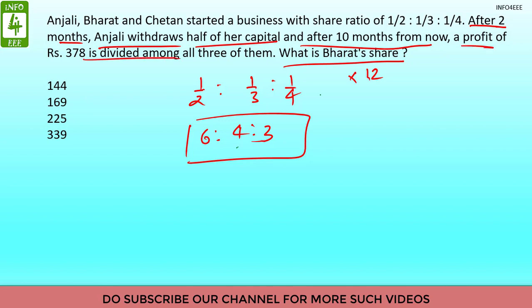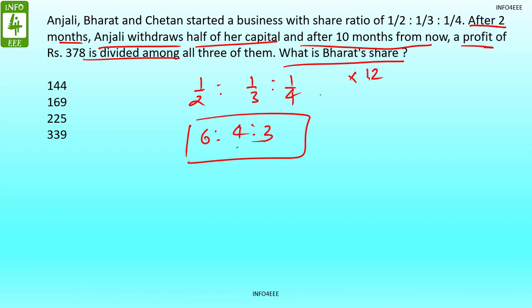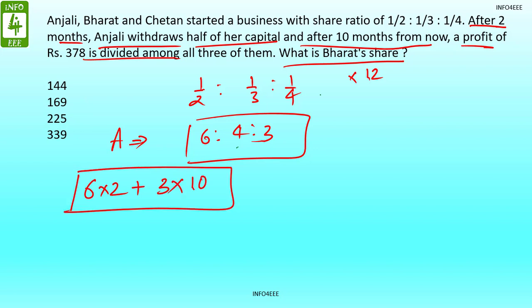So if you understand, the total business was there for 12 months, right? So Anjali started with, let's say, this is the ratio of business share, it means the amount. So first Anjali, let's say, invested a 6 for, let's say, 2 months, then she withdraw half of her capital, it means she is just left with a 3 for next 10 months. So this is the profit ratio for her.